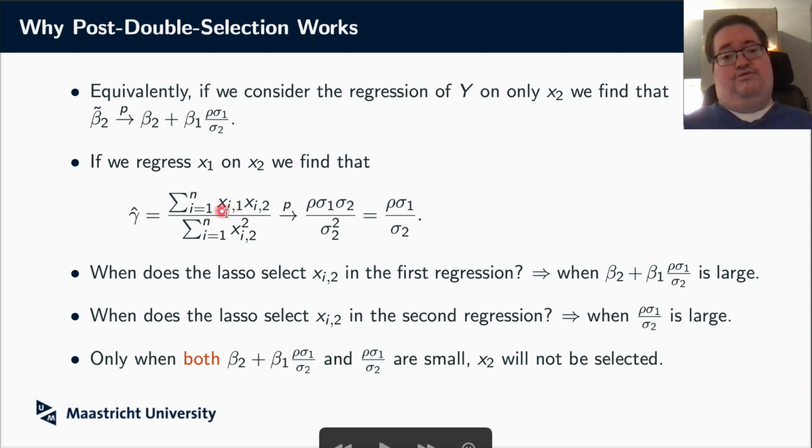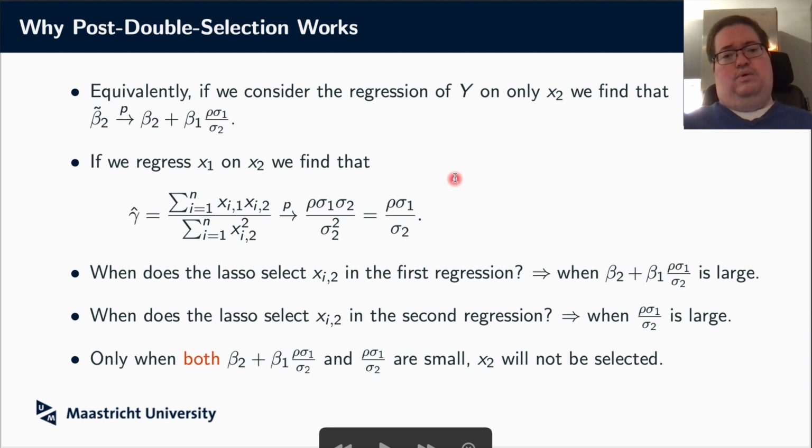If we divide by 1 over n, the numerator converges to the covariance between the two, which is rho times sigma 1 times sigma 2, and in the denominator dividing by n makes it converge to the variance. If you cancel these out, you get rho times sigma 1 over sigma 2.